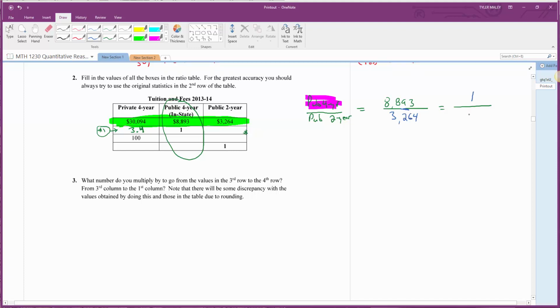And I don't know what goes here, right? So I'll put X. Then we could solve for X by cross multiplying. So to get X, I'll end up taking 8,893 and dividing by 3,264.